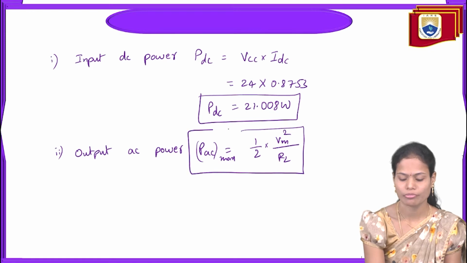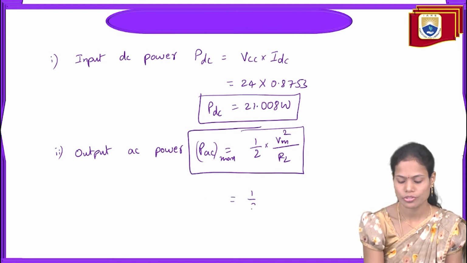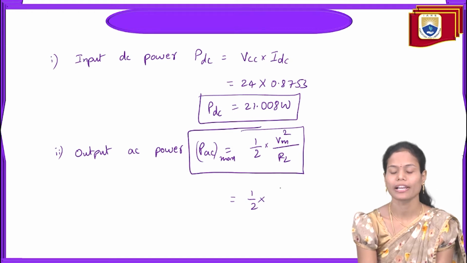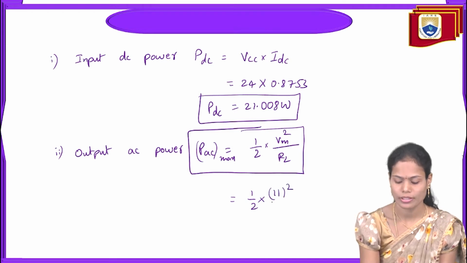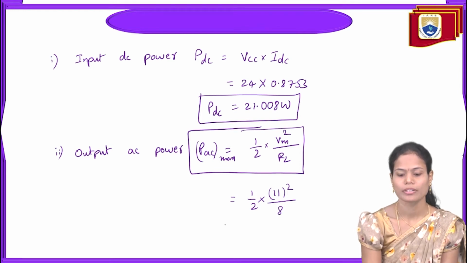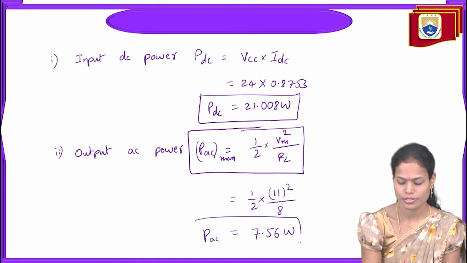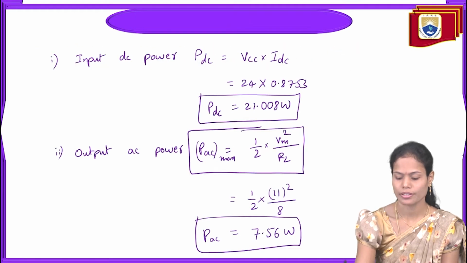This is the formula to find the PAC value. So here we need to substitute 1 by 2, Vm value is 11, 11 square, and the load resistance value is 8 ohms. So this value we will get as 7.56 watts. This is the AC power we are getting here.